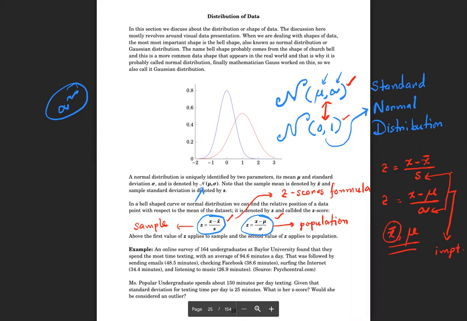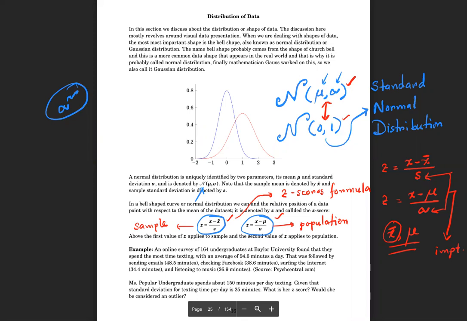What is a sample? When you collect a subset from the population, it's called a sample. Collecting data from that sample is called sampling, okay?